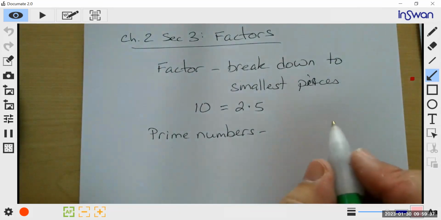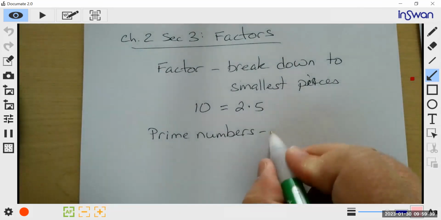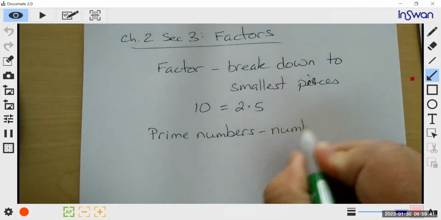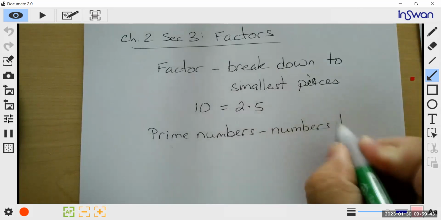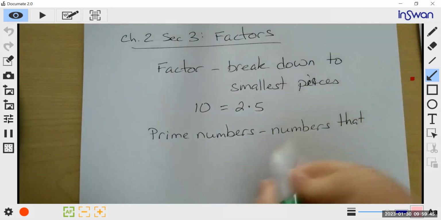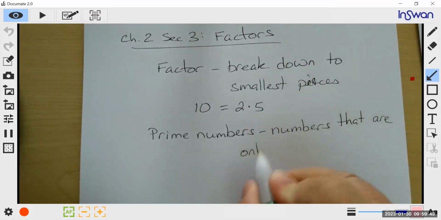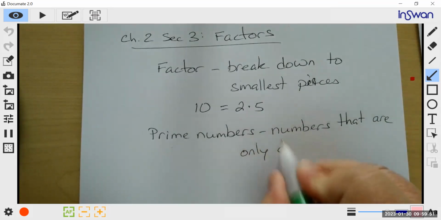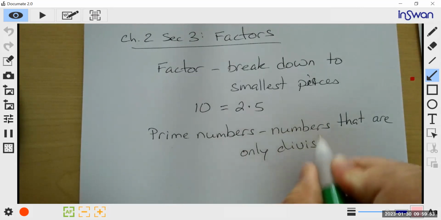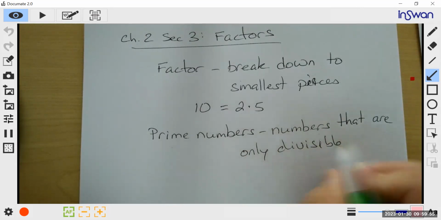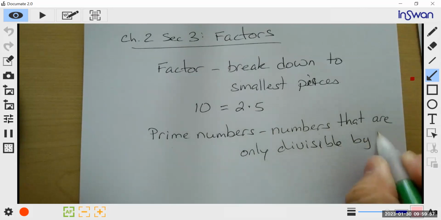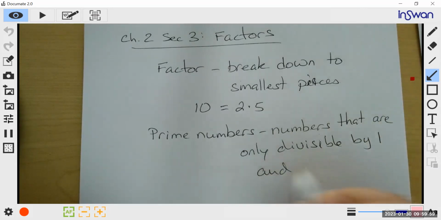What are prime numbers? Numbers that are only divisible by 1 and itself.